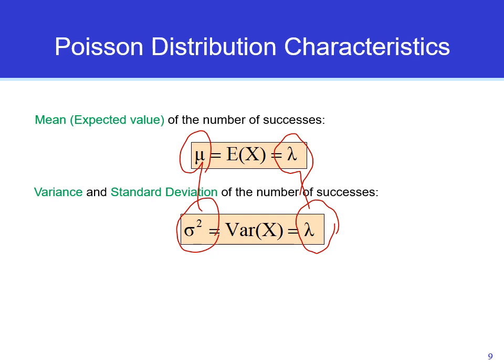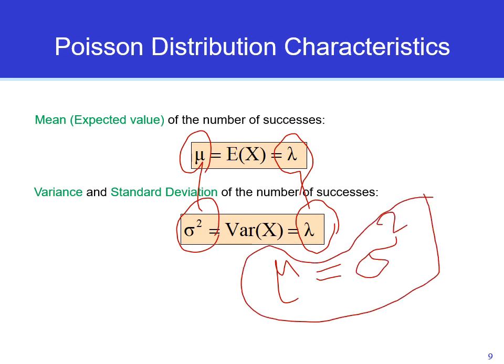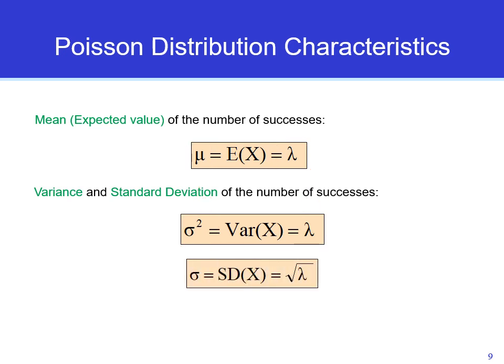And that's something new, unique about Poisson distribution: its variance is equal to its mean. And the standard deviation would be just the square root of sigma squared, which is the square root of lambda.